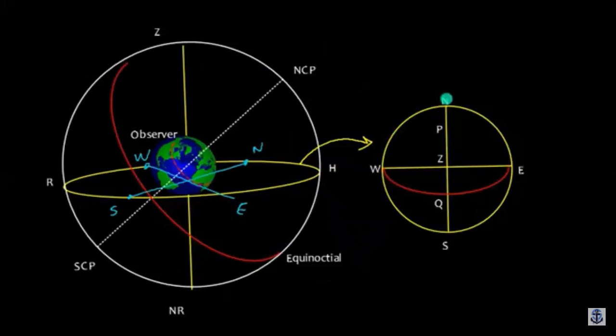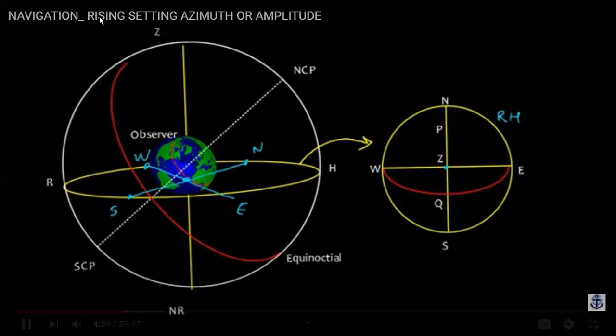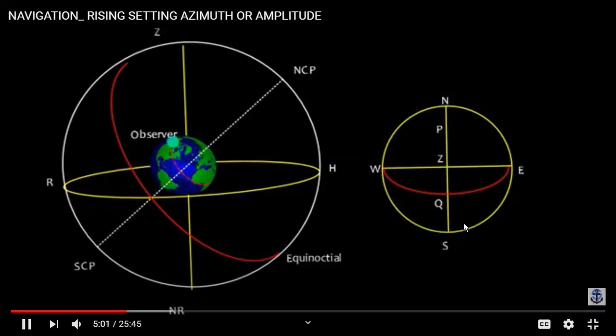So these points we mark here as north, south, east, and west. And the observer is at the center. This is the rational horizon. So this is your equinoctial diagram, and this is your rational horizon diagram.